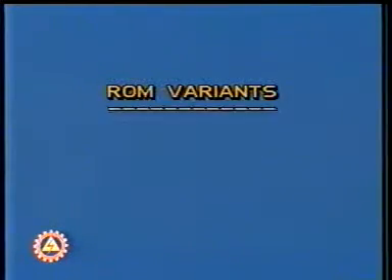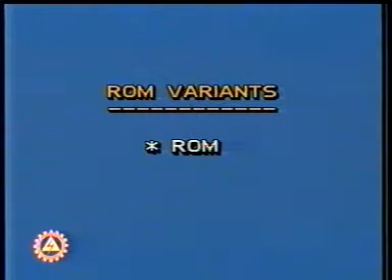Let us now discuss the read-only memory ROM. Various variants of ROM are available. The contents of ROM are mask programmed by the manufacturer. The contents cannot be altered afterwards.